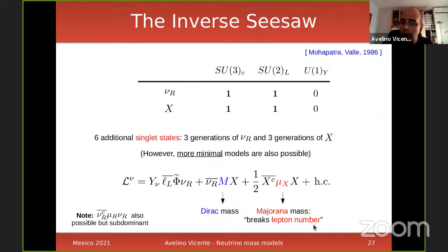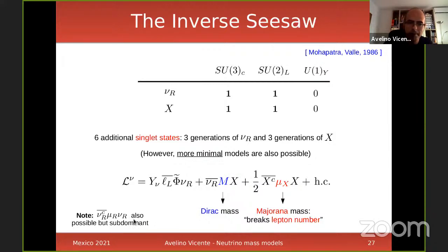In principle, you can also write a Majorana mass term for the right-handed neutrinos, like before, and you can call it mu R, like this is mu X. This is possible, but I don't have time to explain this in detail. If the hierarchy of scales that I'm going to assume later is produced, this parameter will always be subdominant in what concerns neutrino masses, so you can neglect it.